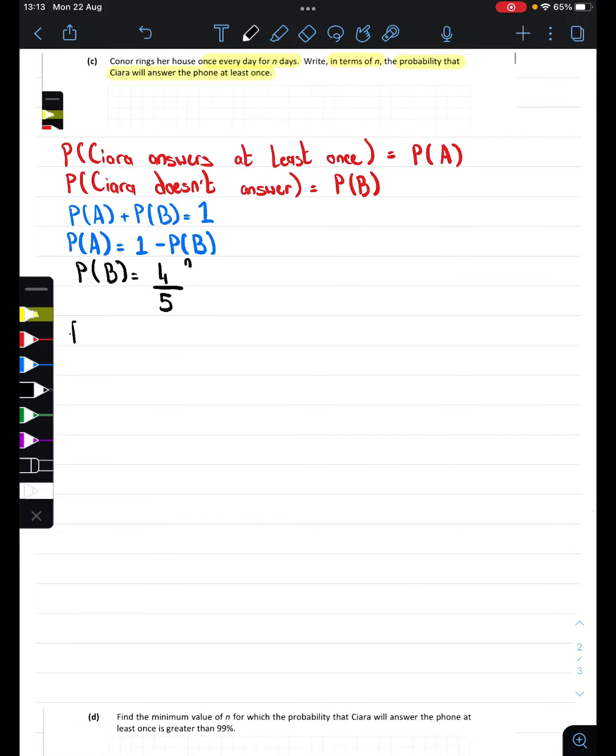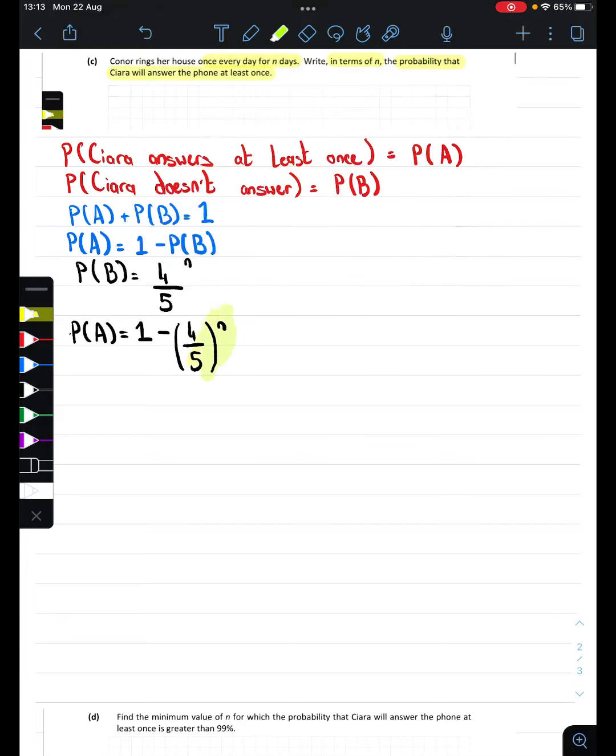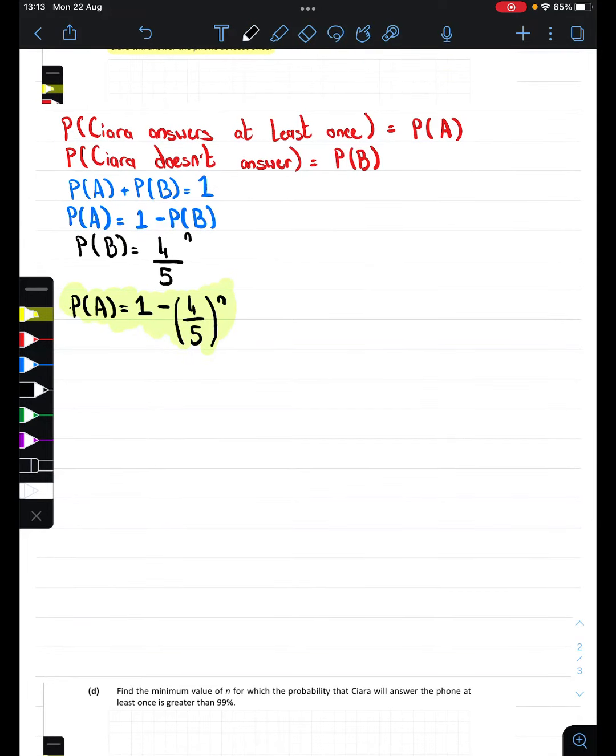So then the probability of A is 1 minus 4 fifths to the power of n. And that's just it. A much easier way of going about it. And you'll typically want to do this when, let's say they ask, what's the probability it happens at least once?